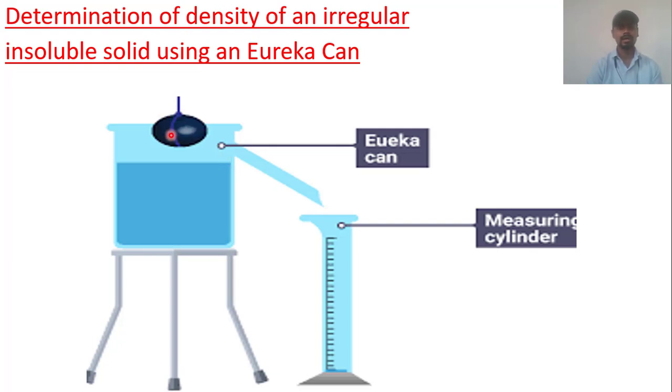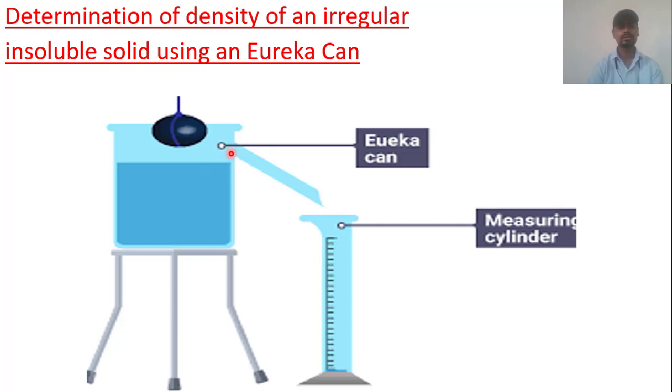After that, when you insert this irregular solid inside the liquid, an amount of water equal to the volume of the solid is going to be displaced, and that much water will rise up.